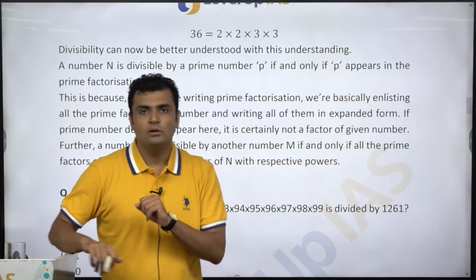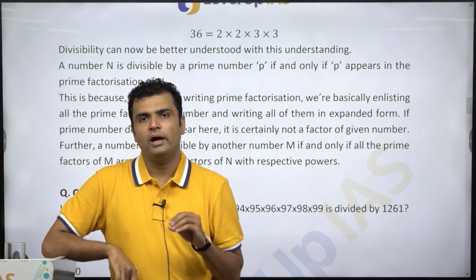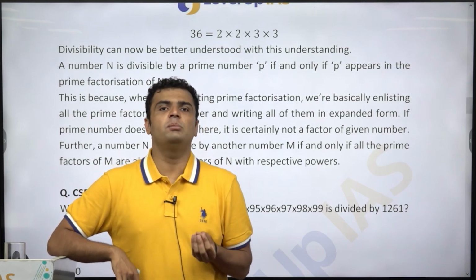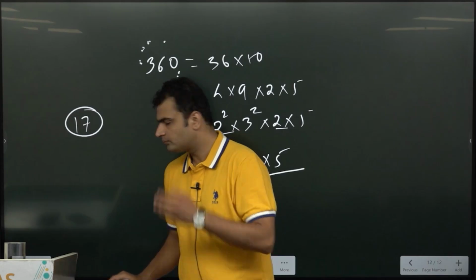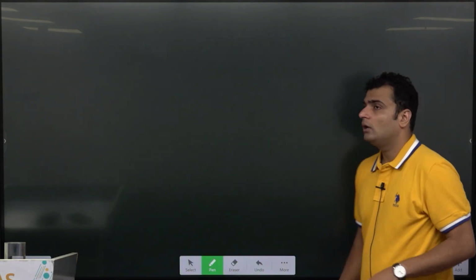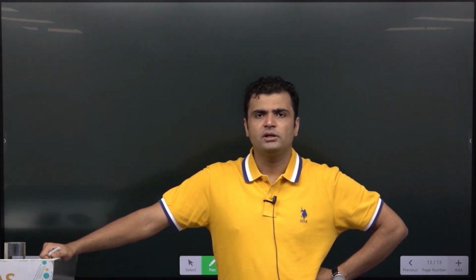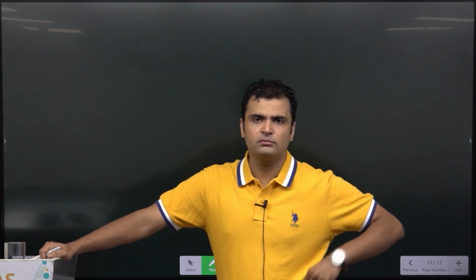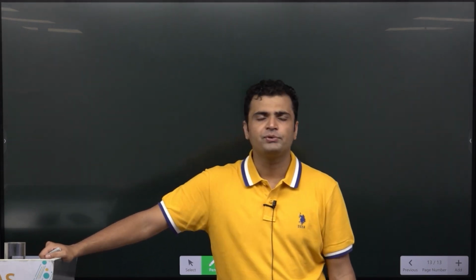Now what next I want to highlight, or I want you to understand, is how we can redefine our divisibility in terms of this prime factorization. We now understand that every number is made up of a bunch of prime numbers or their powers, repeated prime numbers, or appearing singly.